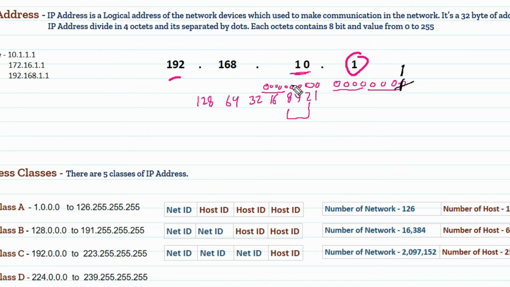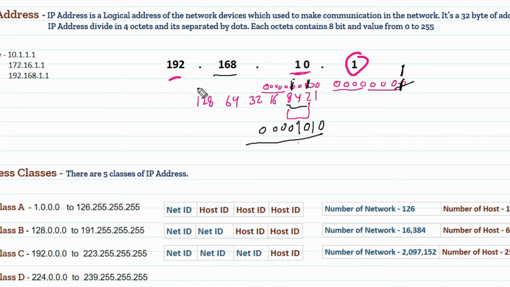So these bits will be high: 0 0 0 0 1 0 1 0. So it becomes 10, 8 plus 2.